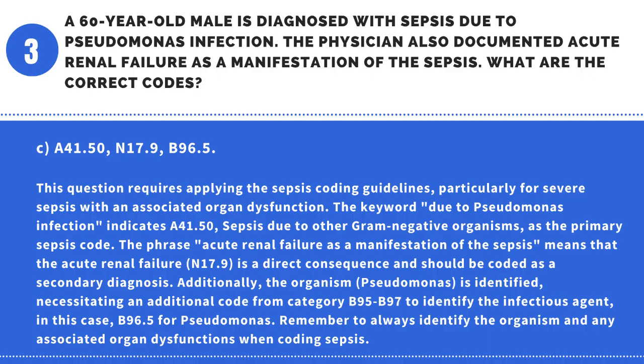Additionally, the organism Pseudomonas is identified, necessitating an additional code from category B95-B97 to identify the infectious agent, in this case B96.5 for Pseudomonas. Remember to always identify the organism and any associated organ dysfunctions when coding sepsis.